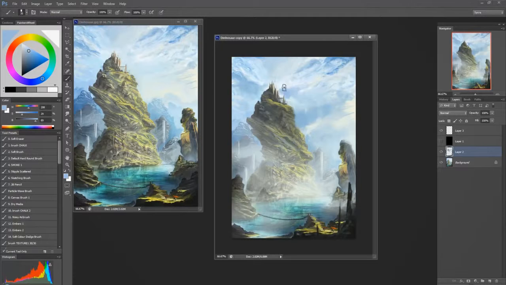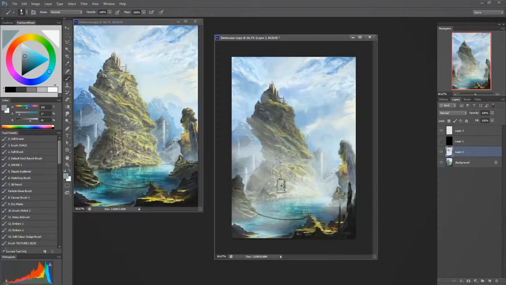I also darkened the castle a bit, and this might not fit strictly with the rules of the value structure, because it's more in the background. But you can cheat things a bit. You can use your artistic license. So the first thing I did was darken the castle area just to create a bit more contrast there and also lighten it.